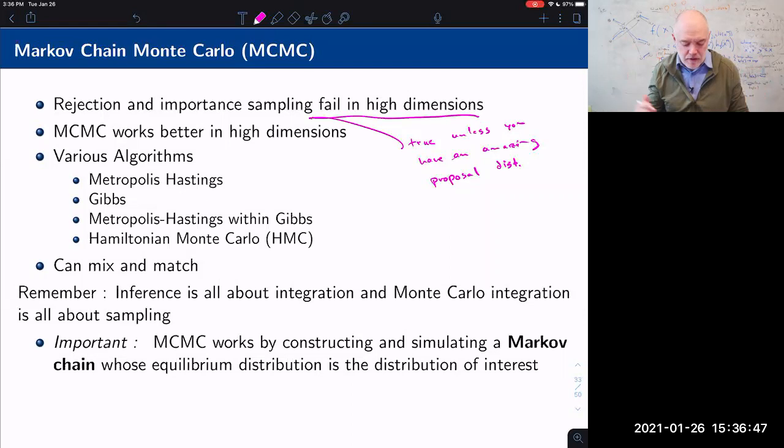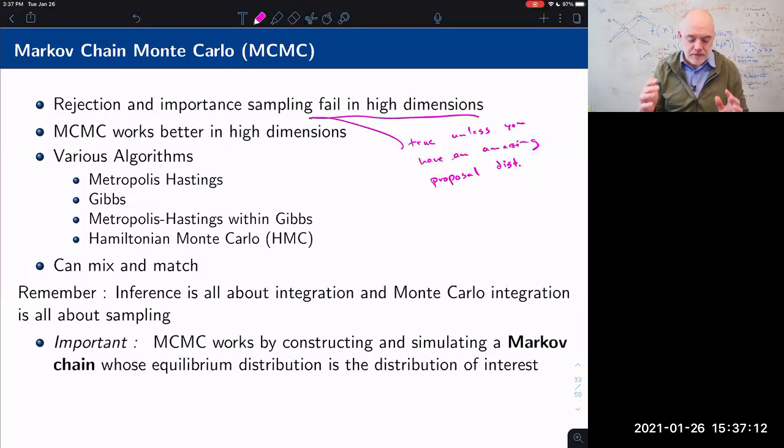The big ones are Metropolis Hastings, Gibbs sampling. We will, in the homework, do Metropolis Hastings within Gibbs as a general purpose algorithm. And we will touch on, I believe in lecture 10, Hamiltonian Monte Carlo, which is sort of an efficient sampling algorithm that makes use of gradients of the log density function.